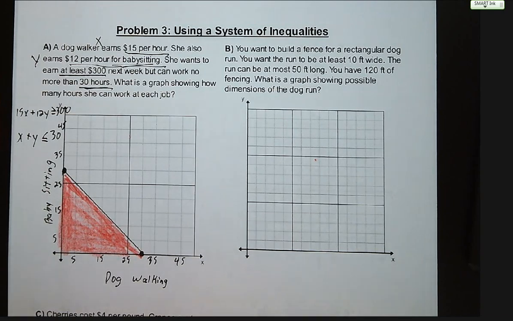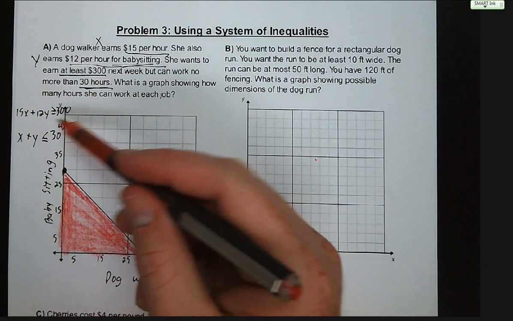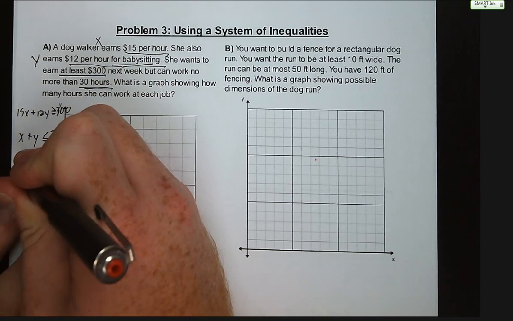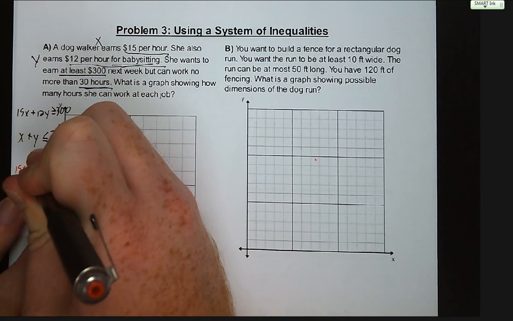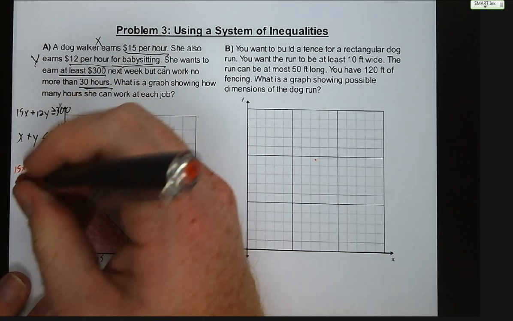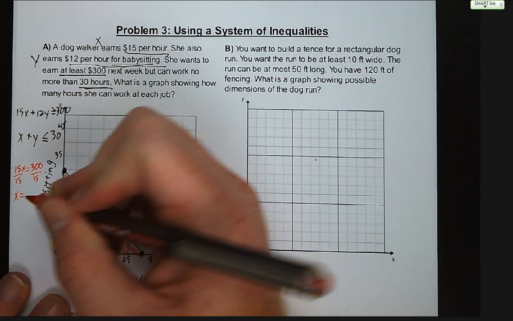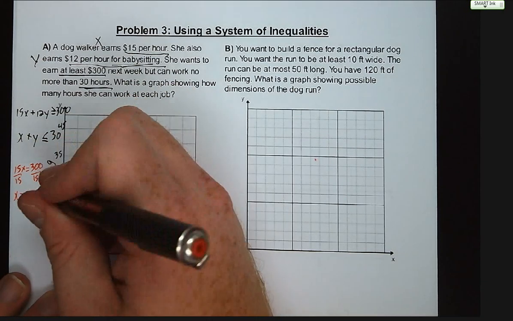Now we need to graph our second line, our value, our money line. So we're going to find our intercepts for that. So we're going to say 15x equals 300. Divide both sides by 15. Our x-intercept is going to be 20.